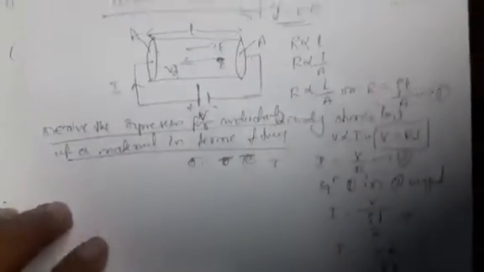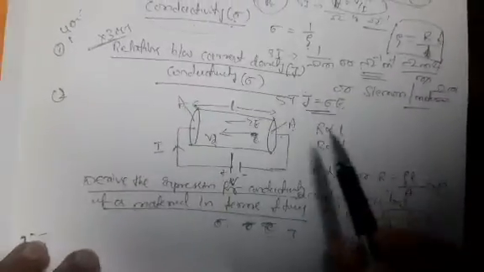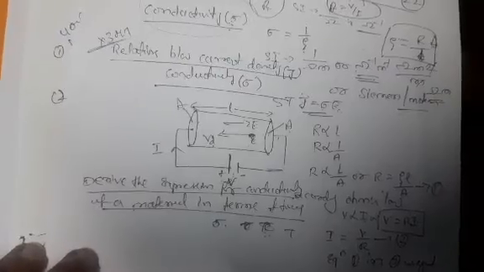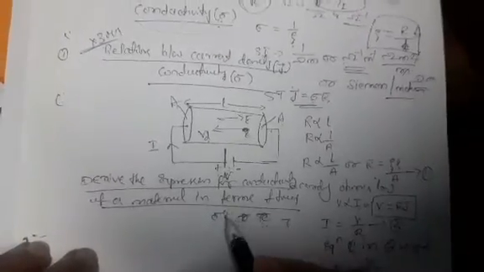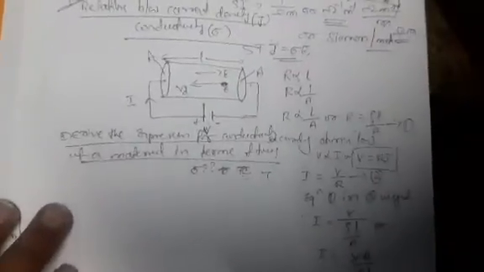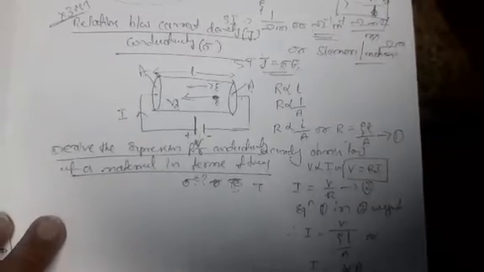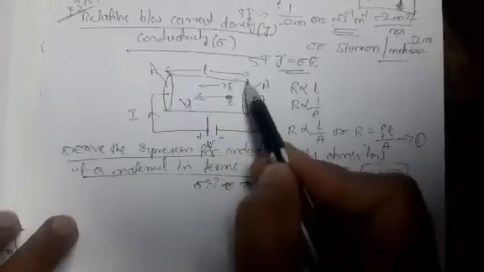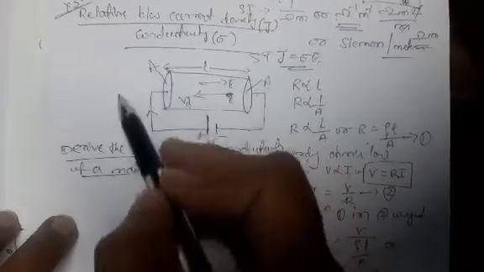How to derive? The conductor diagram and explanation are the same. We need to find the sigma value, sigma is called conductivity. First draw one conductor. Mark the length of the conductor and the area of the conductor.